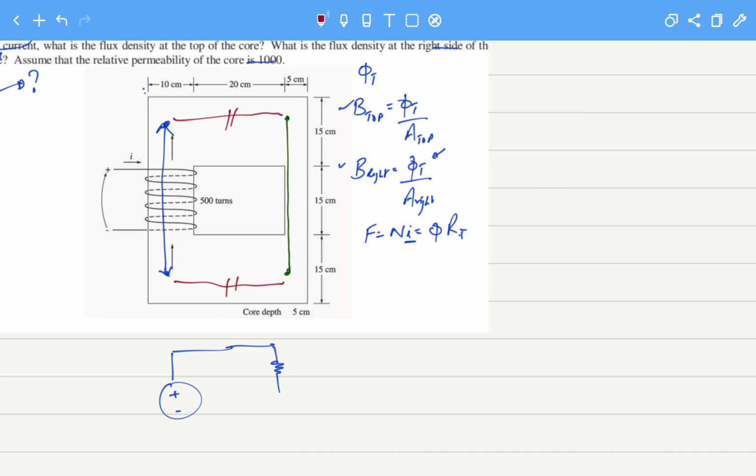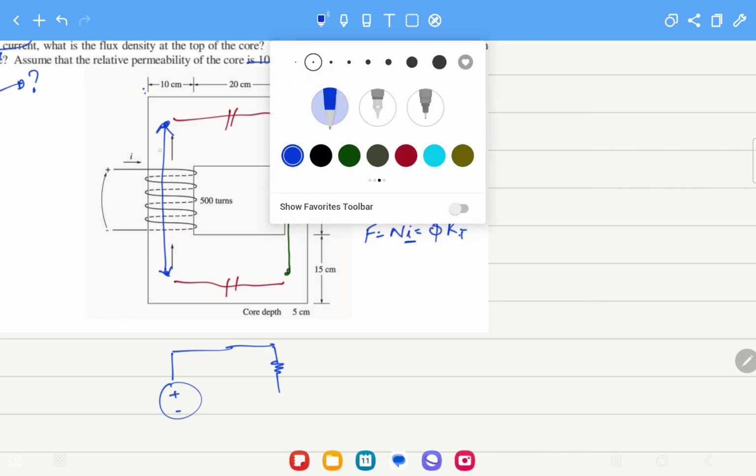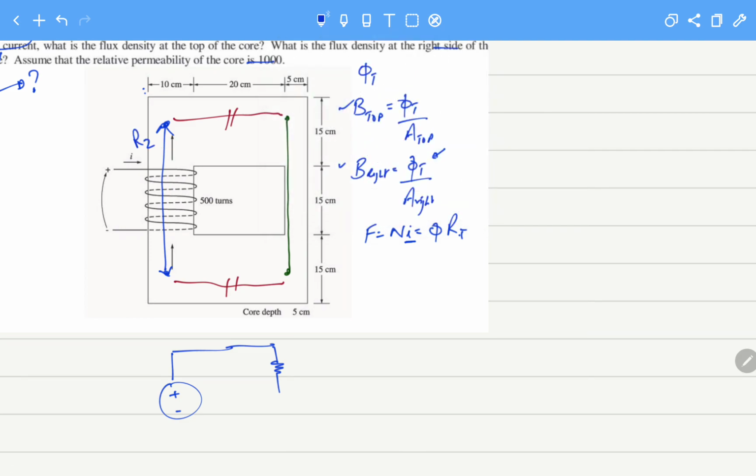So if I call this reluctance R2 and this reluctance R3, and these two reluctances, as they are the same, I will call them R1 combined. So let's first calculate R2 and R3, and then we'll see what is R1.